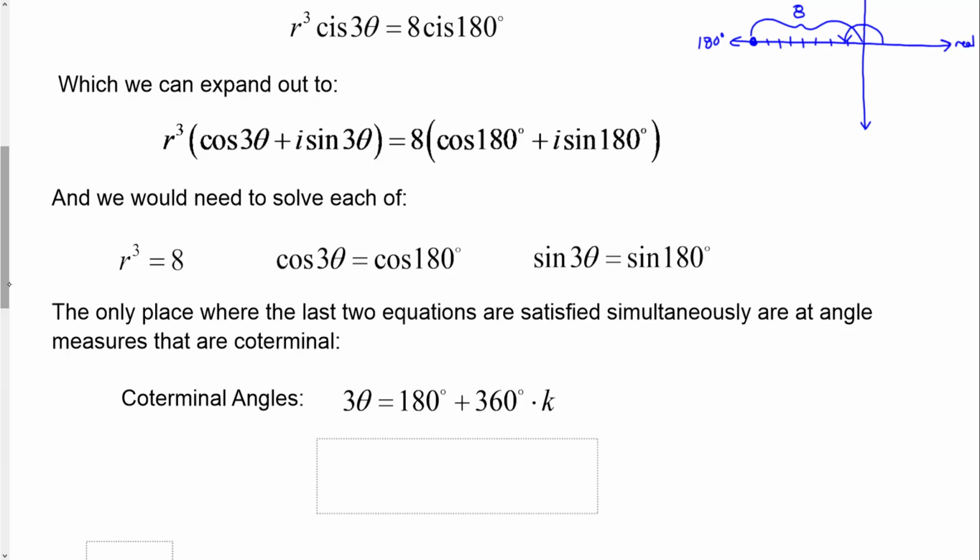You could do 360 times 2 if you let that constant be 2, and that would be 720. So an angle measure plus 720 is coterminal. This is just setting up coterminal angles. Which means that if we solve this for theta, theta would be 180 degrees plus 360 degrees times k, divided by 3.